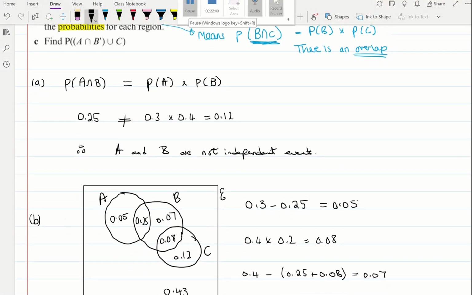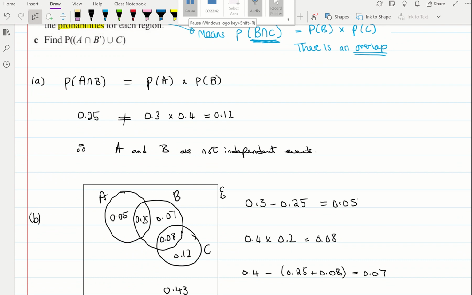And part C says, find the probability of the union, first, it's the union between C and the intersection between A and the complement of B. So we do have a number in every part of the Venn diagram, so that's going to make it a bit easier.